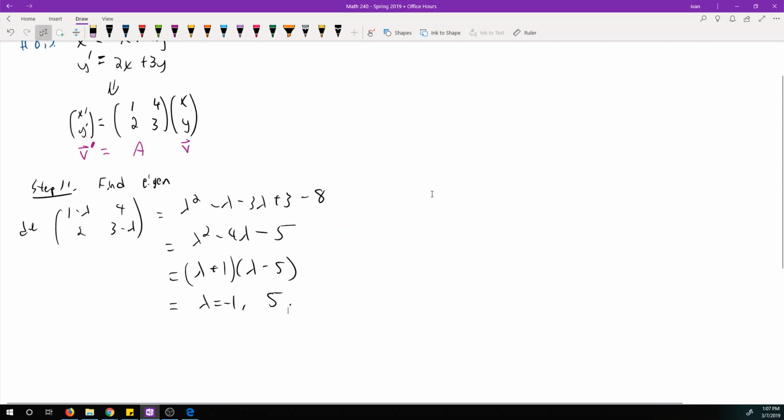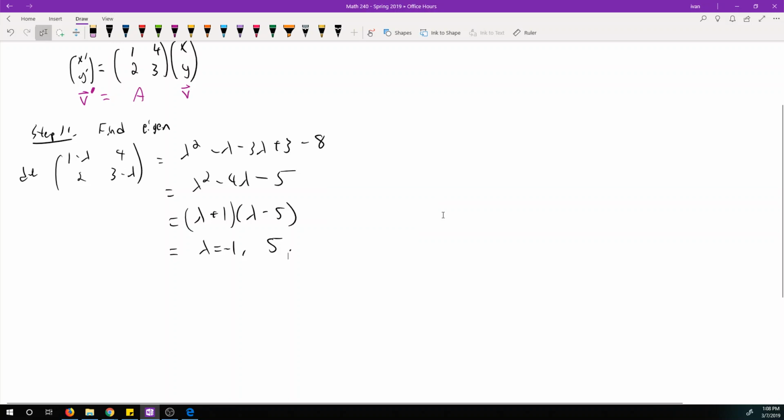Now look at lambda equal to negative 1. You get 2, 4, 2, 4. So what's an eigenvector for this? Not quite.